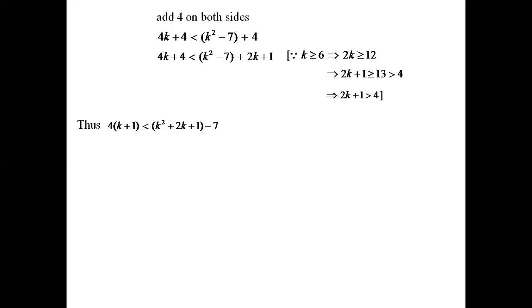So k square plus 2k plus 1 minus 7 we have obtained, and thus we are able to write it down as 4 times k plus 1 is less than k plus 1 the whole square minus 7. Therefore, S of k plus 1 is true whenever S of k is true.